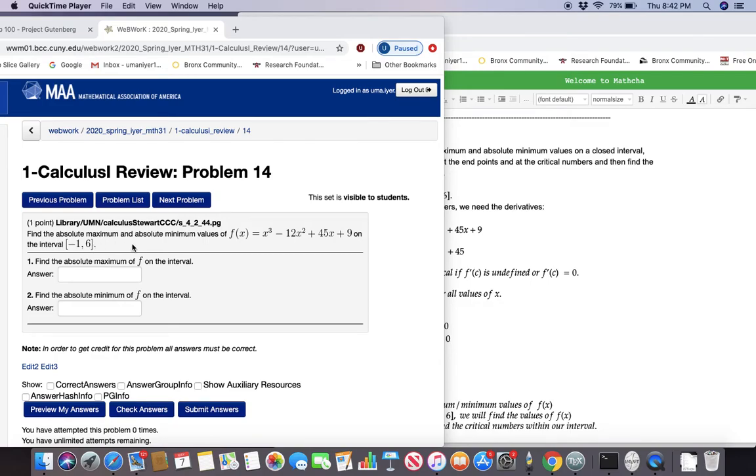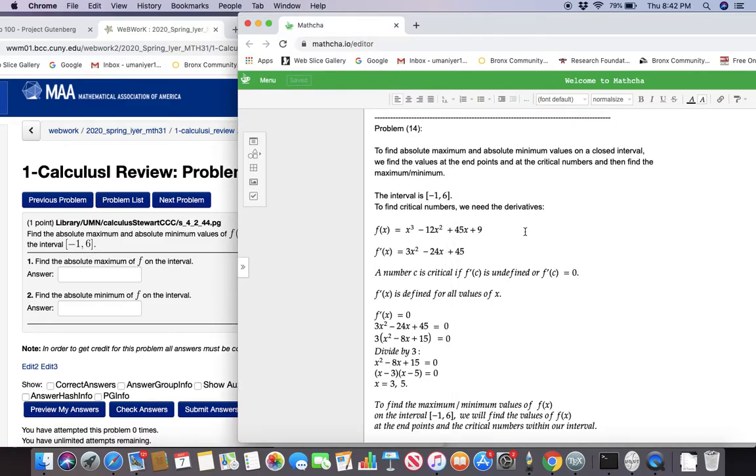Find the absolute maximum and absolute minimum values of this polynomial function, x cubed minus 12x squared plus 45x plus 9, on the closed interval from -1 to 6. Closed interval, that's important.